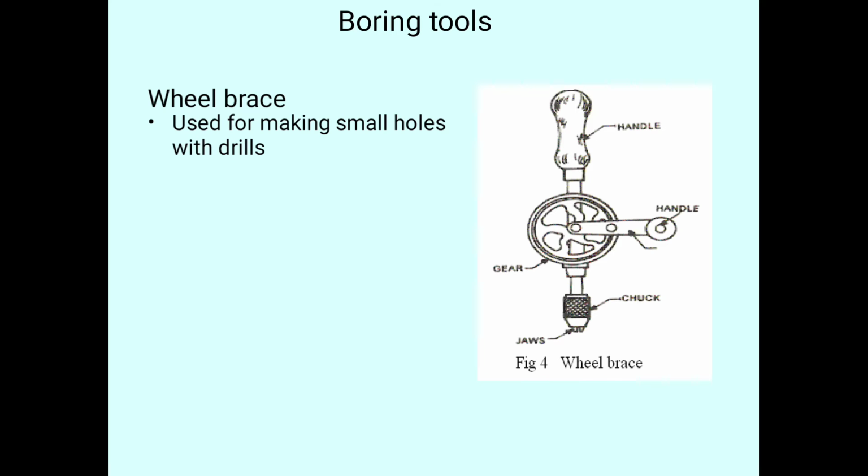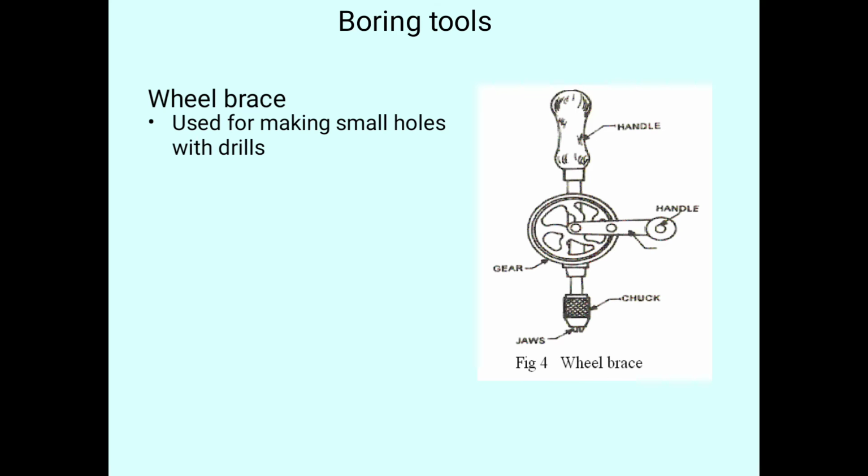Next we can see the wheel brace. This is the diagram of a wheel brace. If you observe the figure, here we have an extra part, that is a gear. Previously we had a chuck, and here also there is a chuck, with similar jaws and handle.